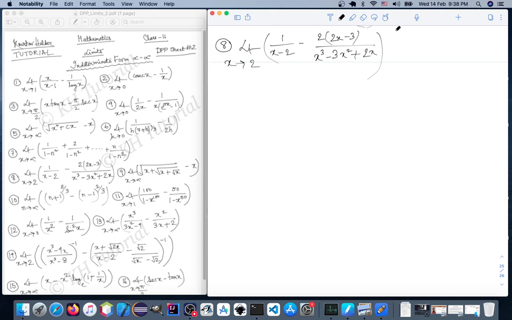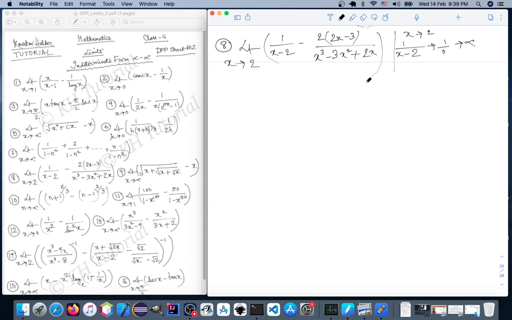So clearly we can see when x tends to 2, 1 by x minus 2 is tending to 1 by 0, which is tending to infinity. Similarly, if we substitute x as 2 in the denominator of the second term, it will become 0.